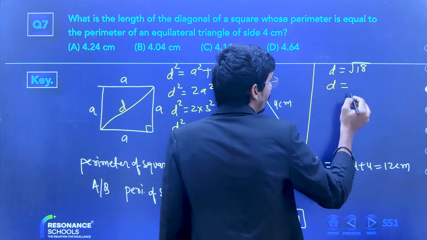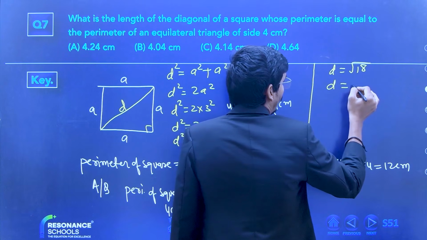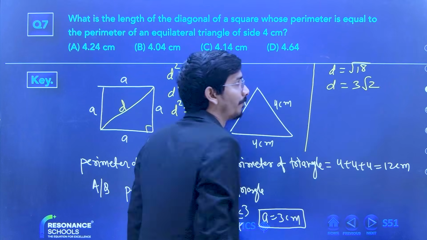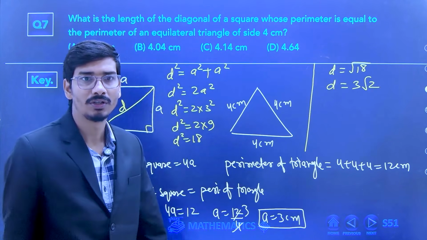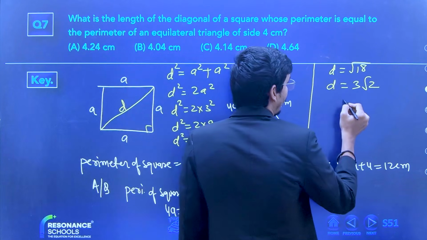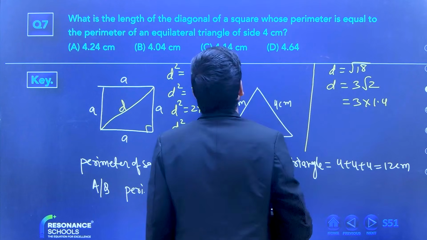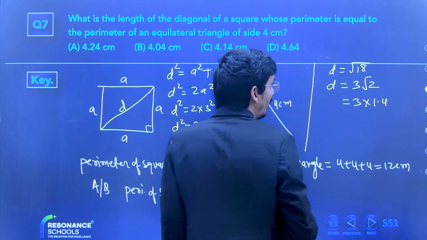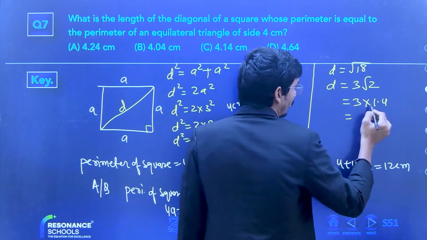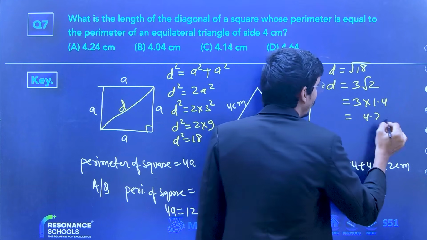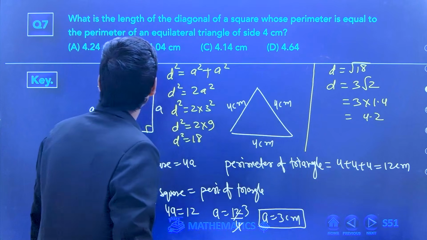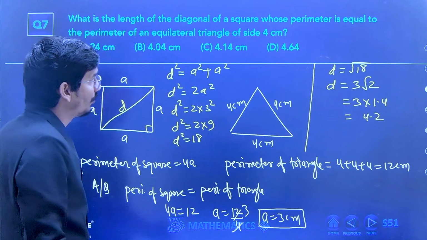Root 18 is nothing but 3 root 2. And the value of root 2 is 1.4. When you multiply it, we get 4.2 something.